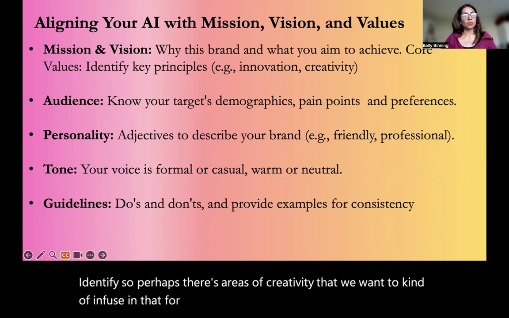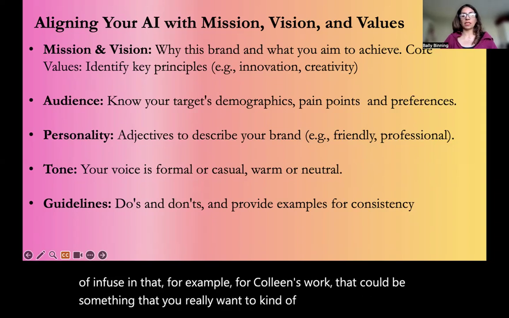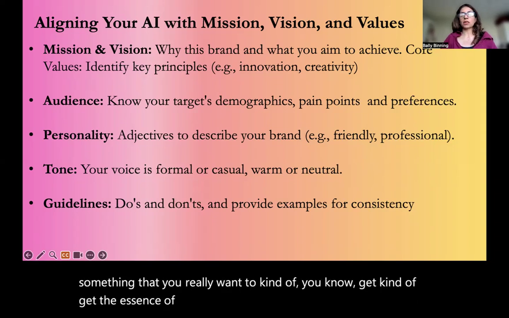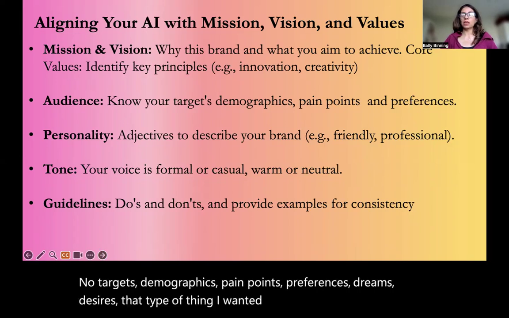For example, for Colleen's work, that could be something you really want to get the essence of. Audience: does it know our targets, demographics, pain points, preferences, dreams, desires, that type of thing. I wanted to keep this in.